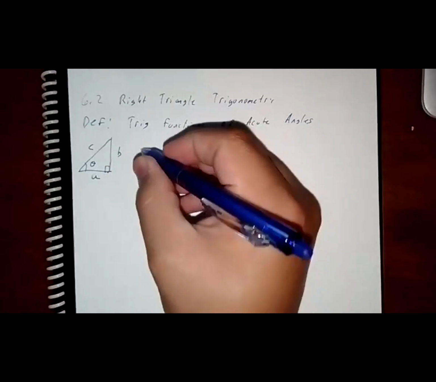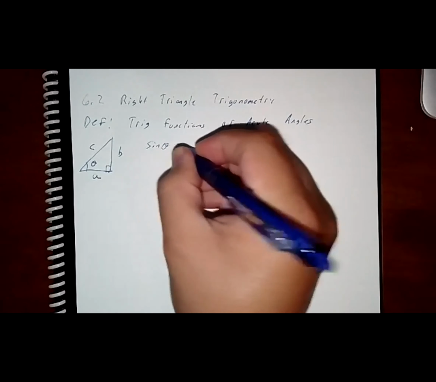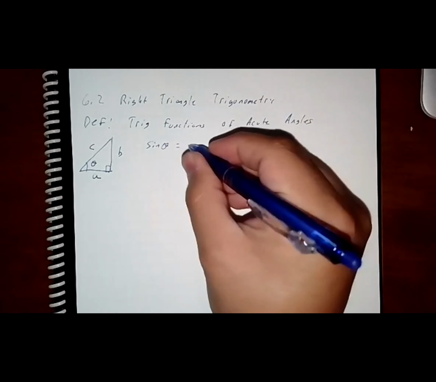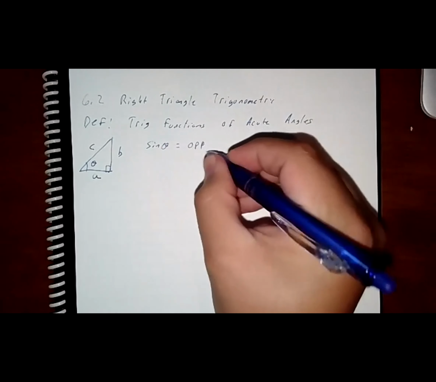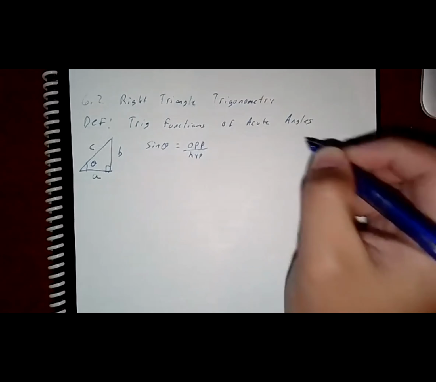So sine theta is defined to be opposite over hypotenuse. I'm going to abbreviate it so you can fit more stuff here.